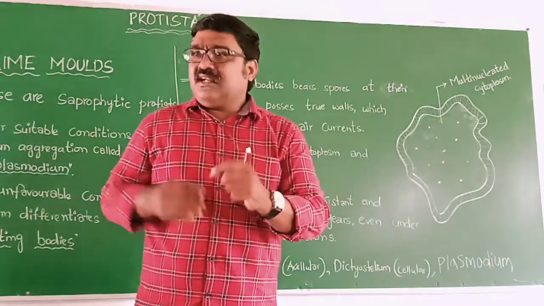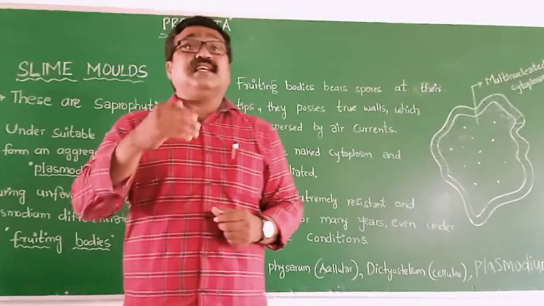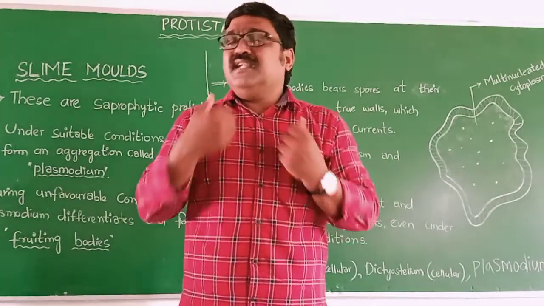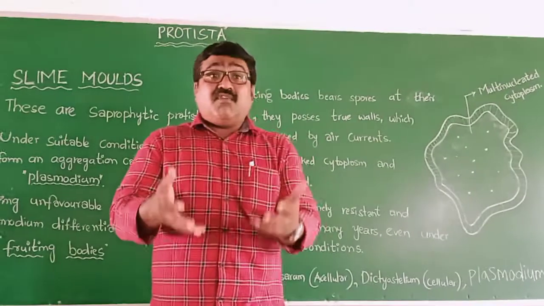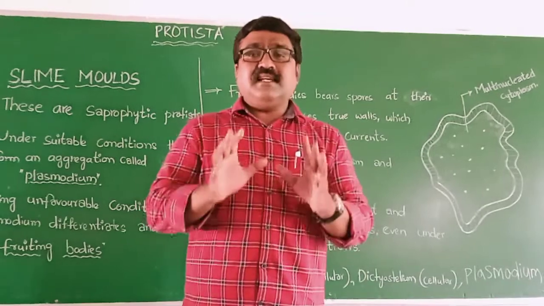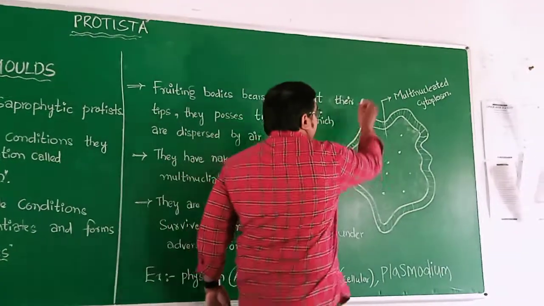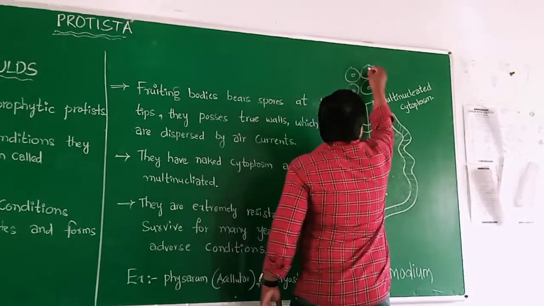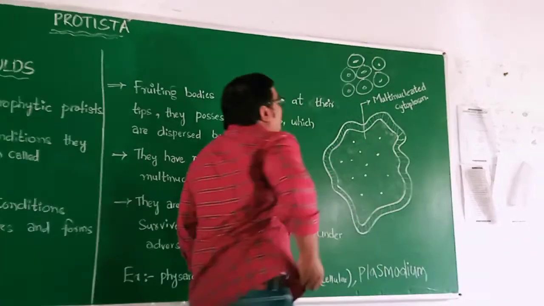So acellular and cellular are the two types of slime molds, and the second one is the cellular type. What does it mean? In the cellular type of slime molds, the body consists of wall-less, many amoeba-like cells. These cells are grouped together, but they are not fused.